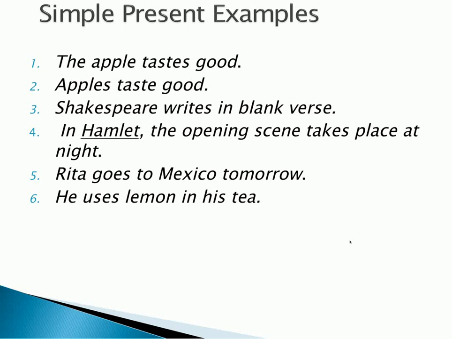A classical mistake is to omit the third person singular s or es, most of the time when speaking. I believe that in writing, you're going to have minor problems, but when speaking, they might forget to pronounce that s or es sound at the end of the verb. For instance, they might say he play cards instead of he plays cards.